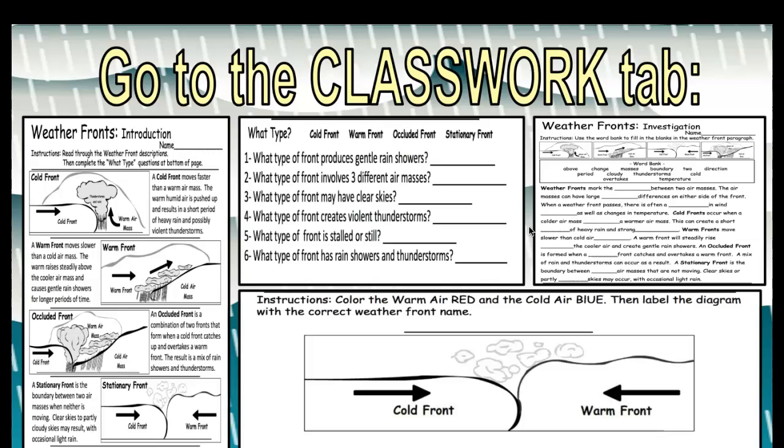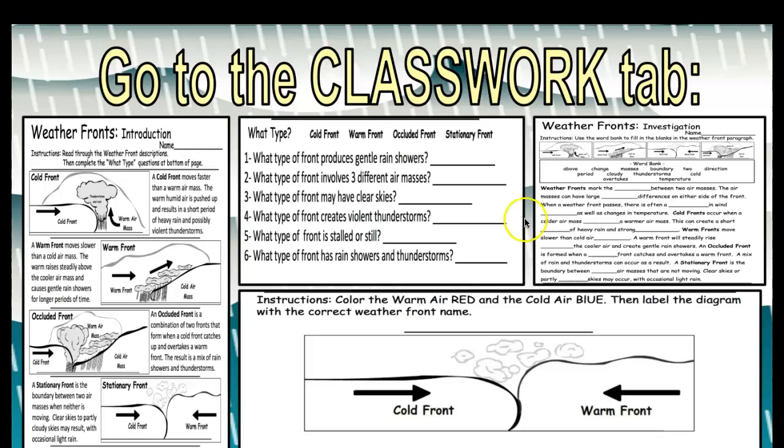An occluded front is formed when a cold front catches and overtakes a warm front. A mix of rain and thunderstorms can occur as a result. A stationary front is the boundary between two air masses that are not moving. Clear skies or partly cloudy skies may occur with occasional light rain.